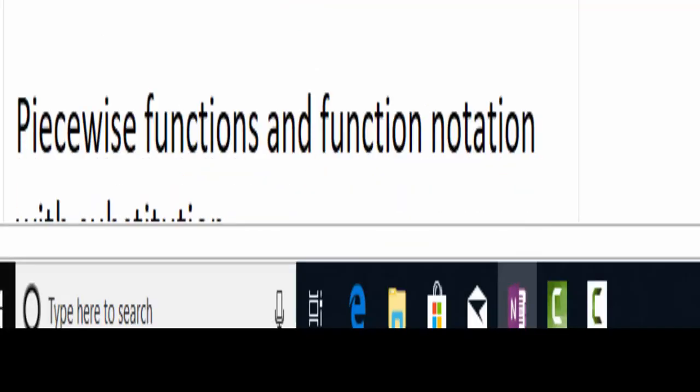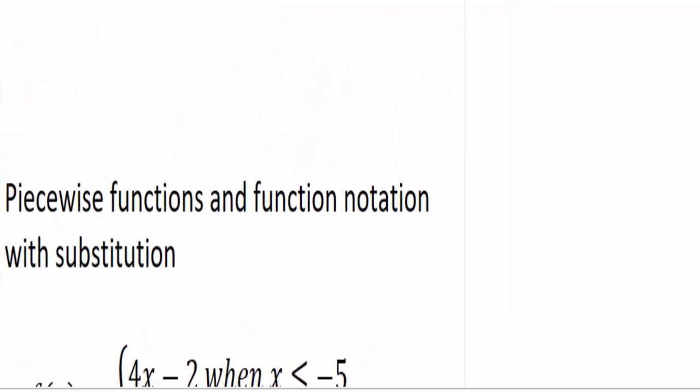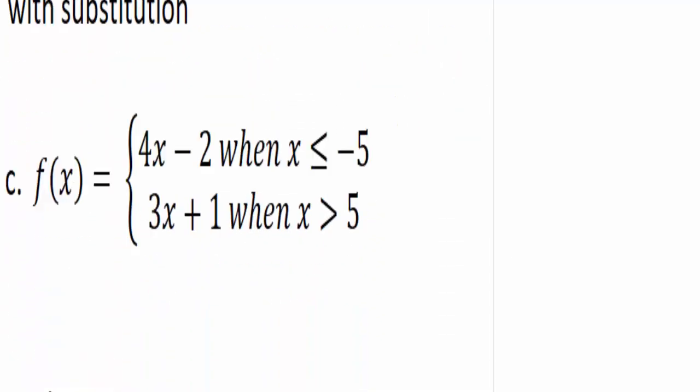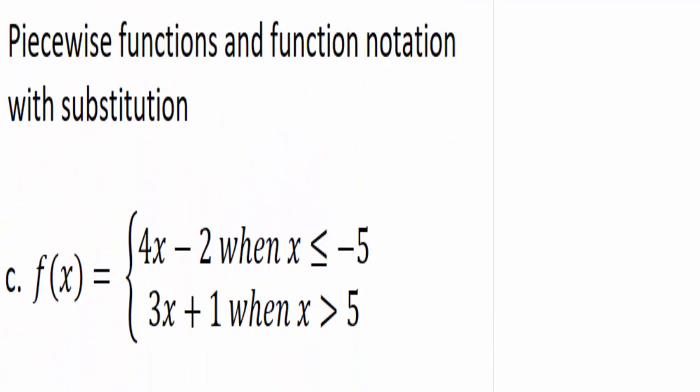So that is substitution with function notation. Now I'm going to introduce you to piecewise functions. A piecewise function is when you have 2 functions and they have certain parameters. We call these parameters the domain.